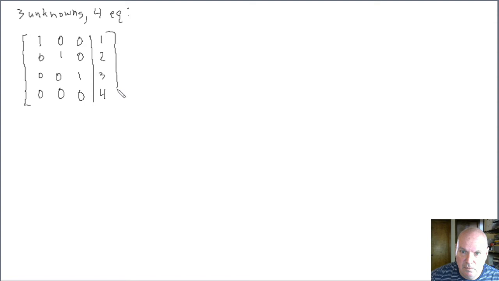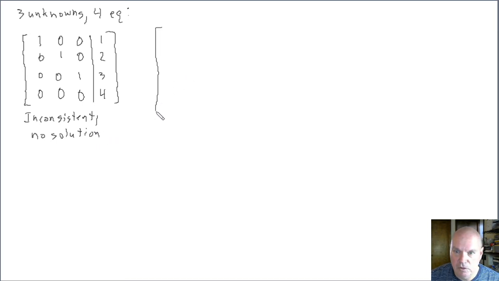If in reducing the system to row echelon form I get a row like this at any time, with zeros in the coefficient part of the augmented matrix and a non-zero term in the constant part, I've got an inconsistency. In this case, 0 is equal to 4. So that's inconsistent, and that means the system of equations has no solution.